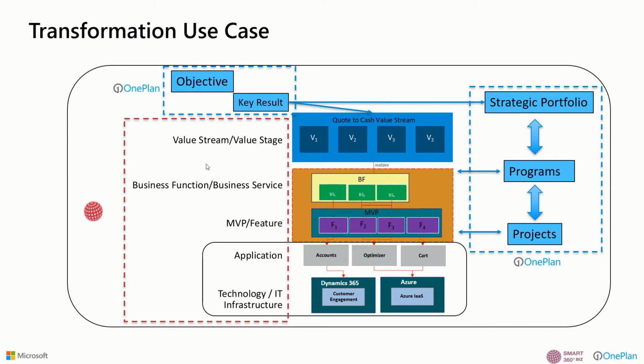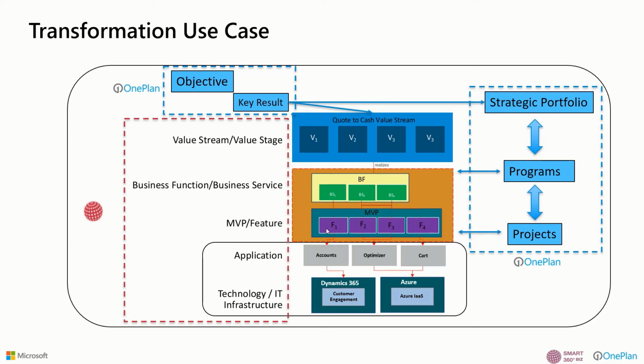So the better practice is actually to incorporate where exactly, how do we model that change and that relationship between the strategic portfolio and everything else that's happening in the organization? Because again, we don't run off of an org structure, we run off of a model, and the model is going to be represented by value stream and value stages, is going to be represented by business function and services. In this case, again, it's open to how your organization models itself.